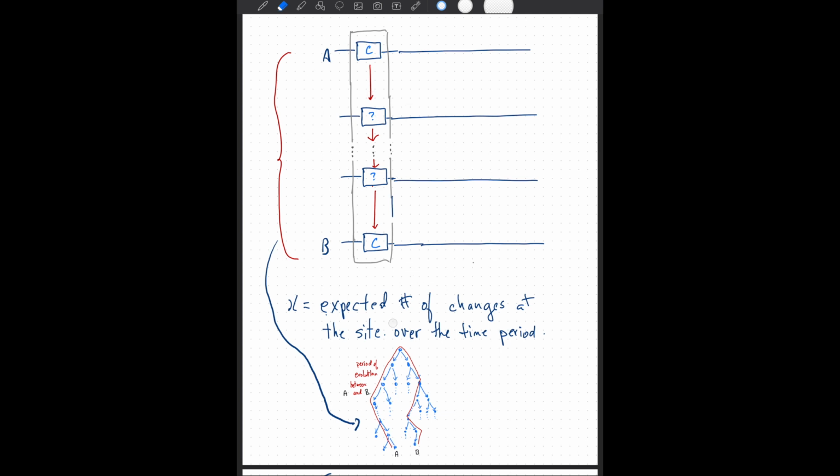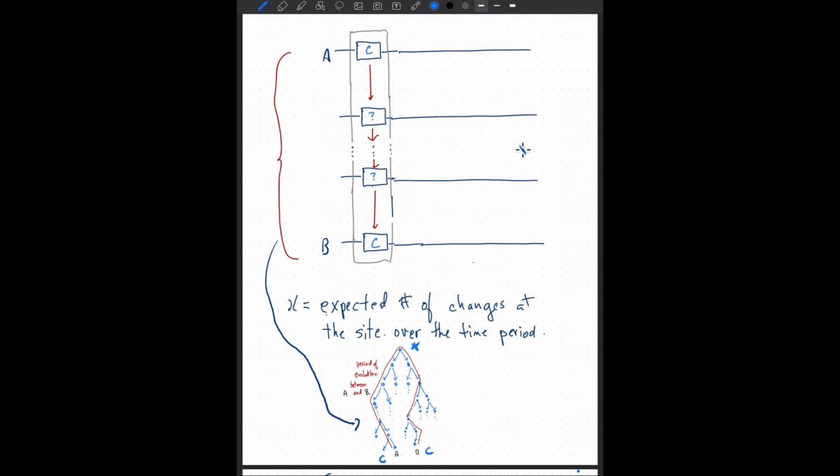So what can happen? This in species A is a C, and this is a C in species B. Somewhere along this path is this point, let's call it star.